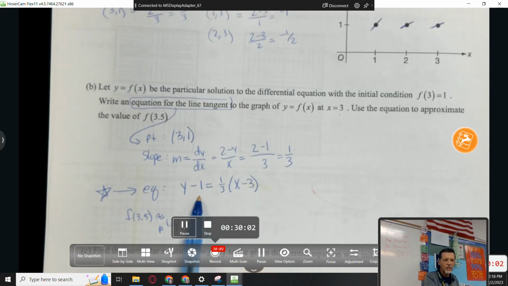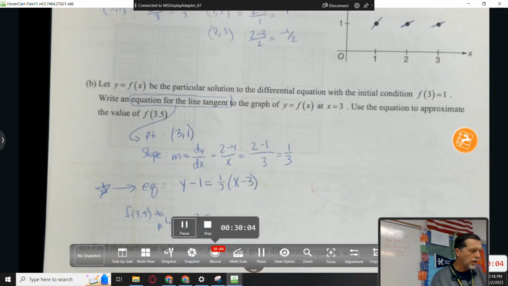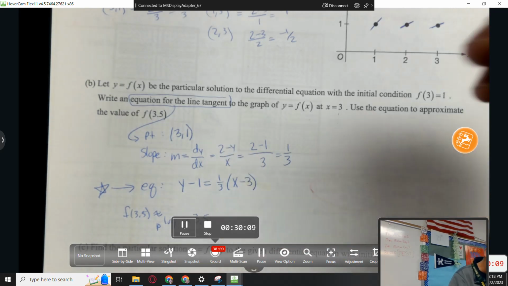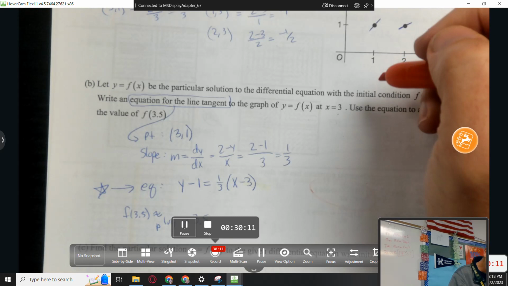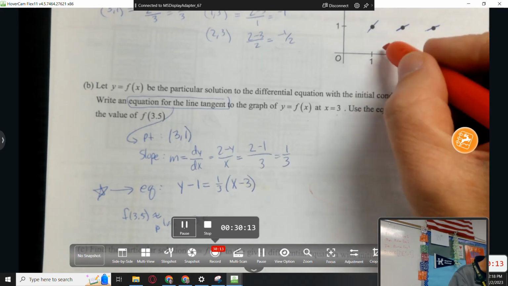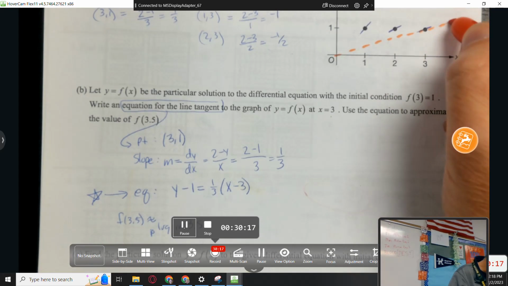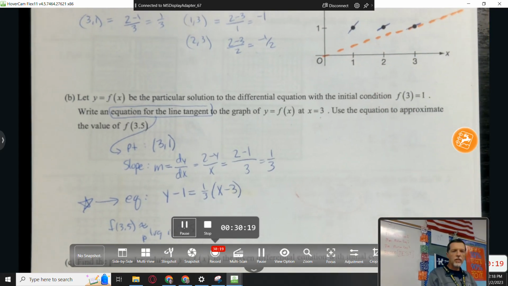At the point 3, 1. So there's the equation we just wrote.